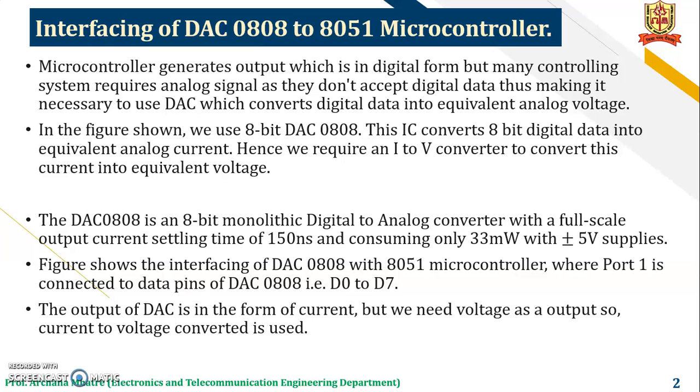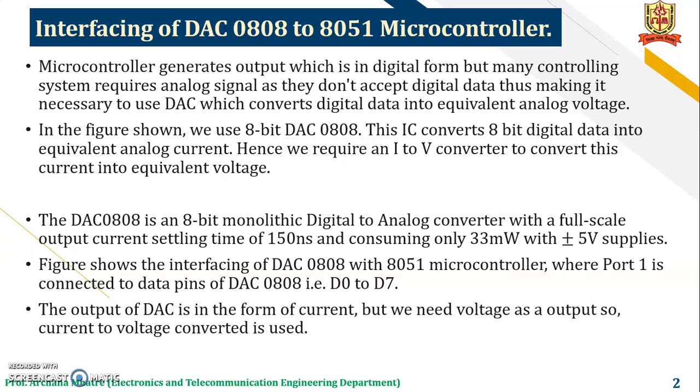The DAC 0808 is an 8-bit monolithic digital to analog converter. The full-scale output current settling time of this DAC 0808 is 150 nanoseconds, and it consumes only 33 milliwatts with plus or minus 5 volt supplies.